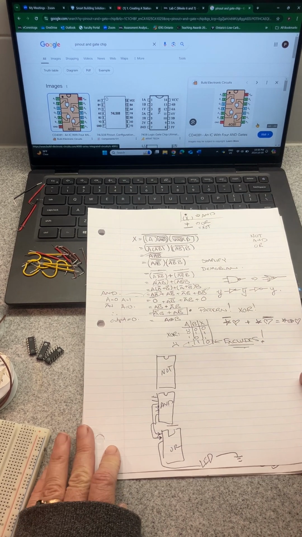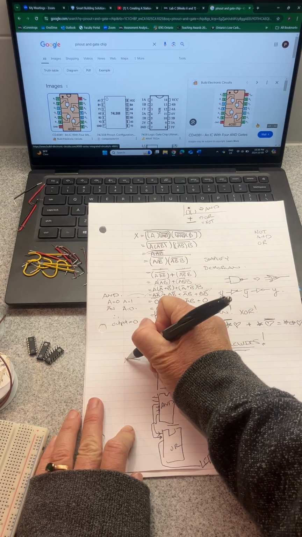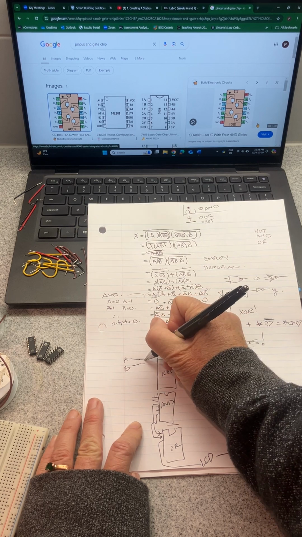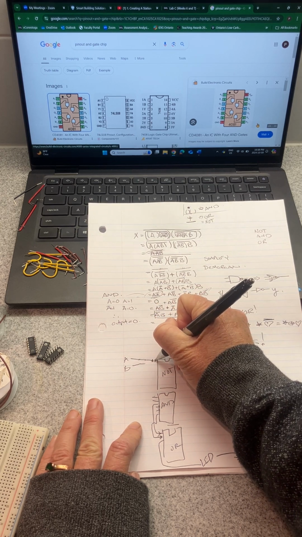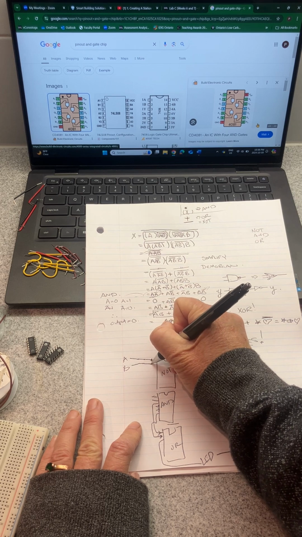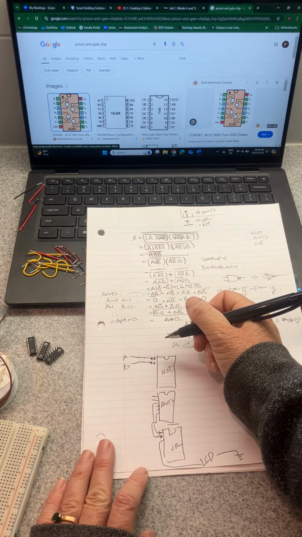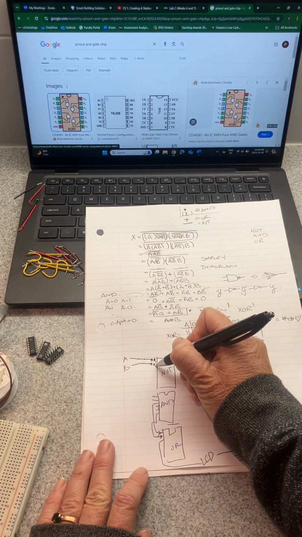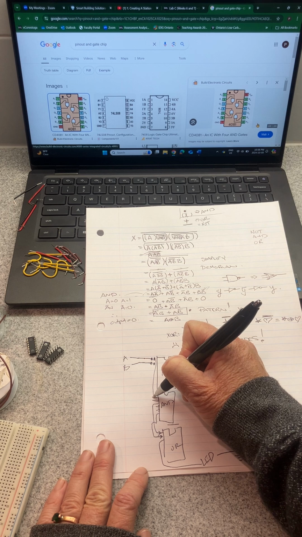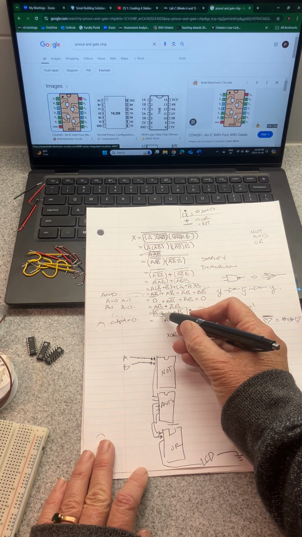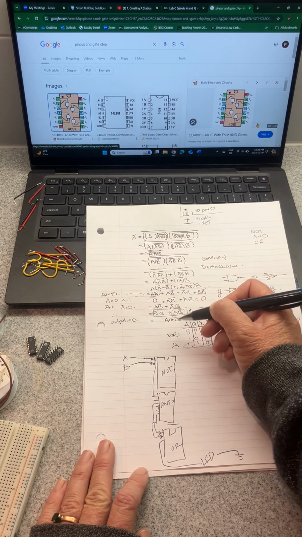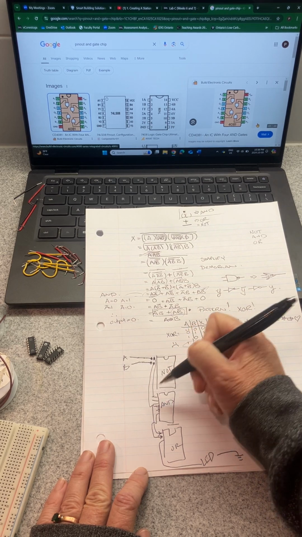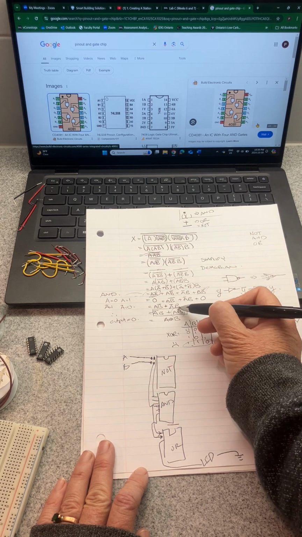Now, the inputs, I'm just going to have an A and a B. I'm going to bring A and B in to get NOTted by plugging them into this row, which is all electrically connected. So I'm going to inverse them. When I inverse the A, I'll take a wire down and put it in my first AND gate. And when I inverse the B, I will take a wire and stick it in my second AND gate.